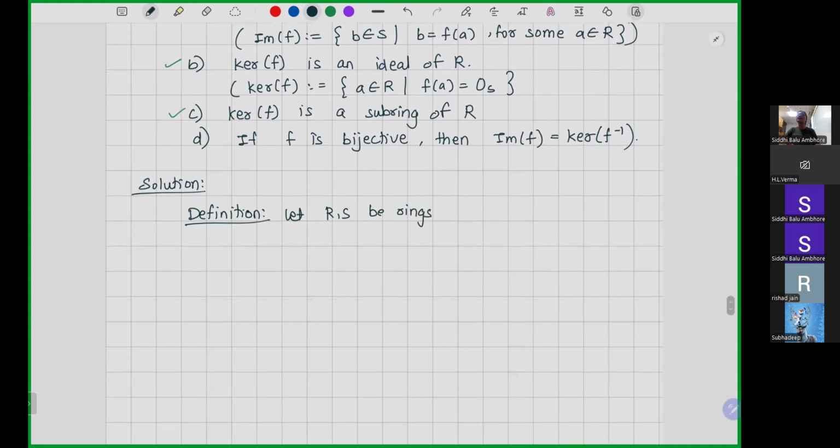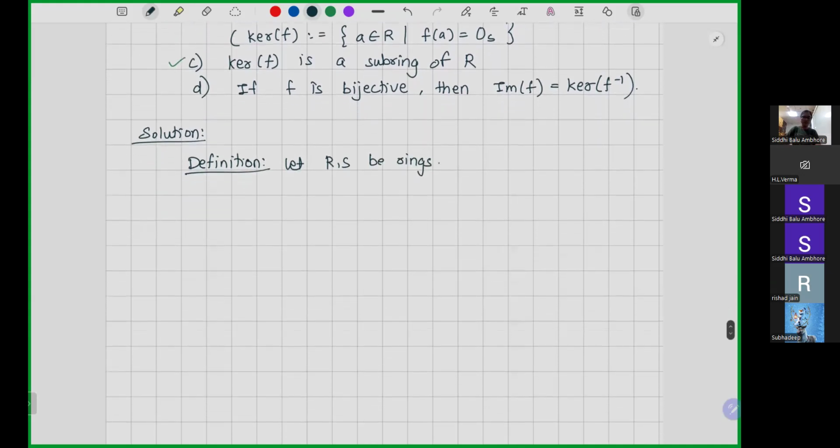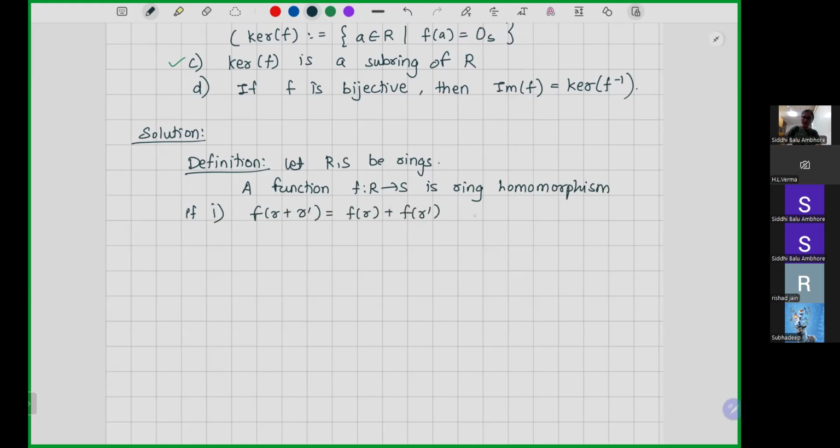A function f from R to S is a ring homomorphism if, first, f of r plus r dash is f of r plus f of r dash for all r, r dash in R. The second property is f of r times r dash, where this is multiplication, equals f of r times f of r dash for all r, r dash in R.